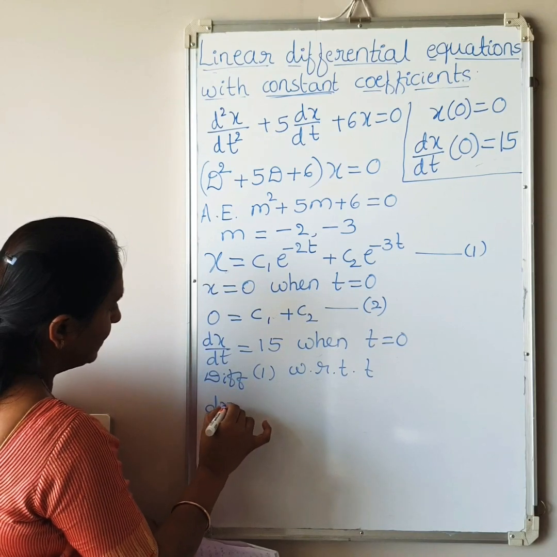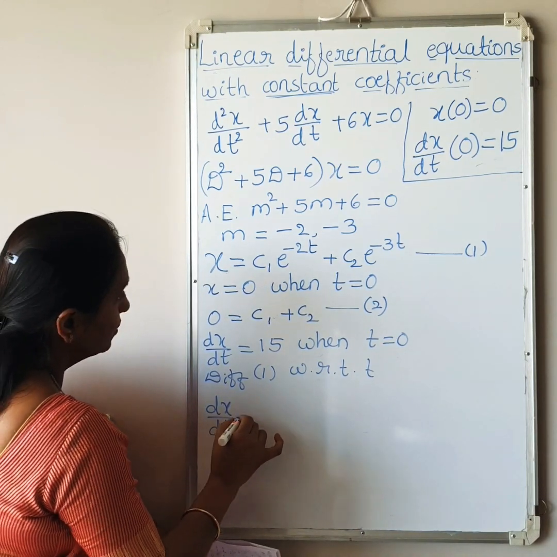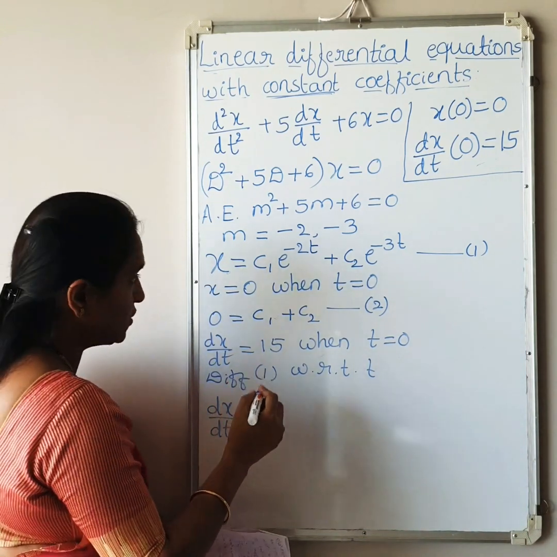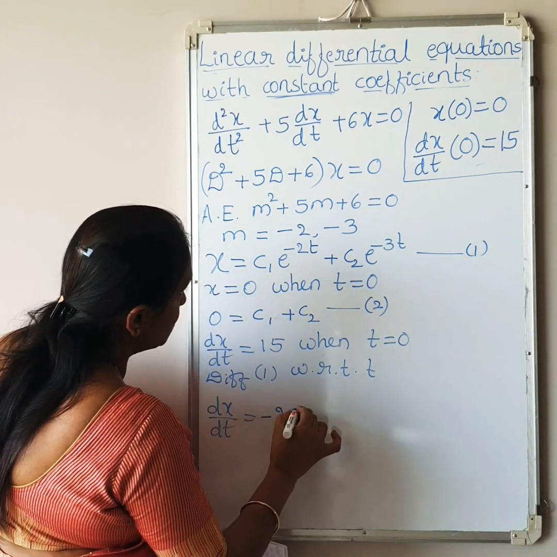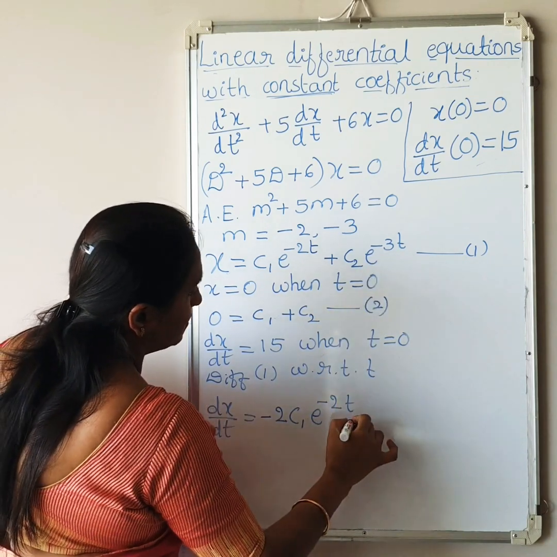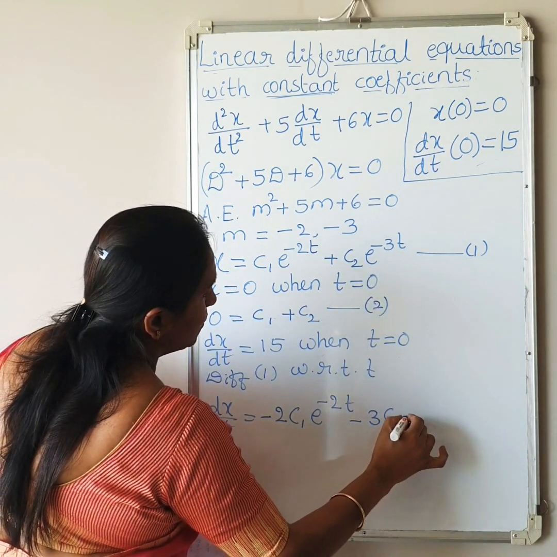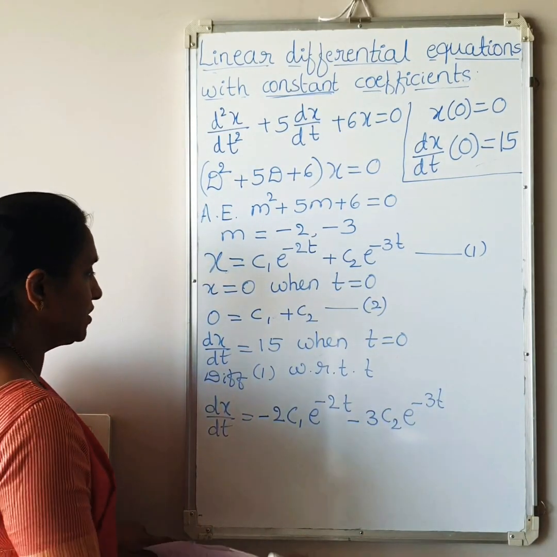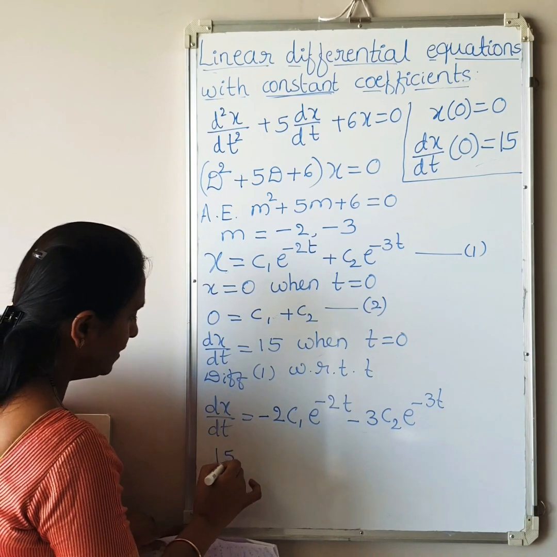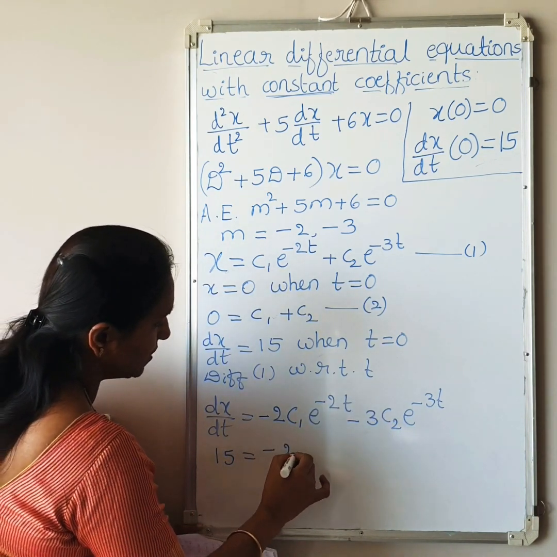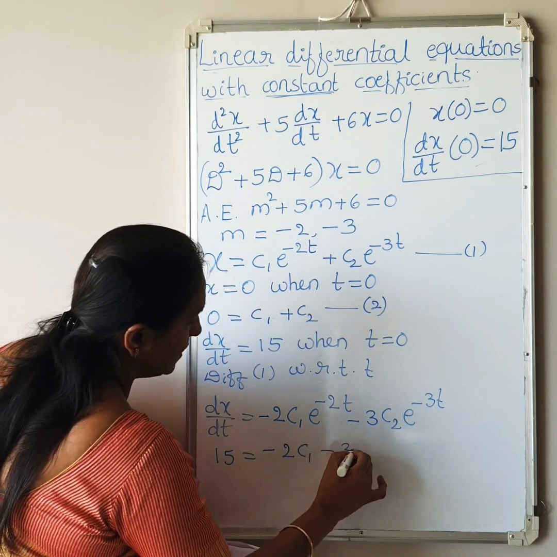dx by dt is equal to differentiation of e raised to minus 2t is minus 2 e raised to minus 2t, so minus 2 c1 e raised to minus 2t and this one minus 3 c2 e raised to minus 3t. Now we'll substitute the conditions. This is 15 is equal to, this one will be 1, minus 2c1 minus 3c2.